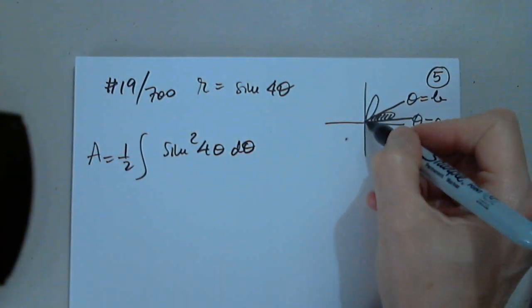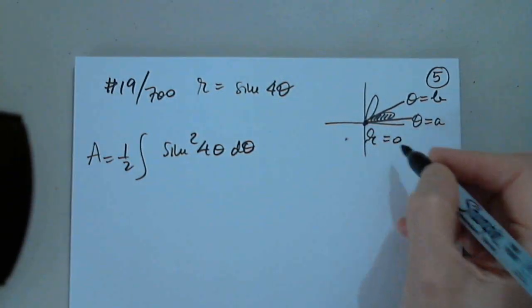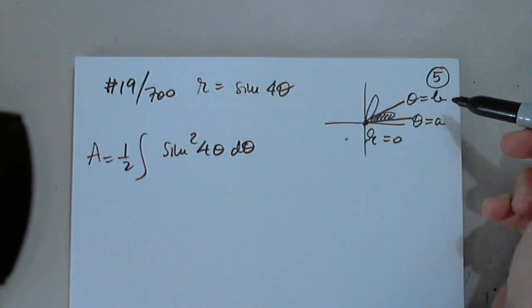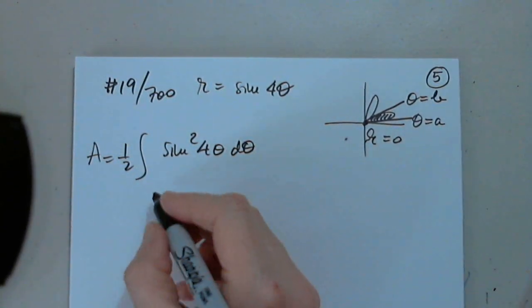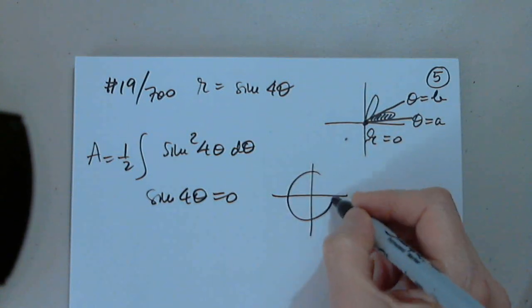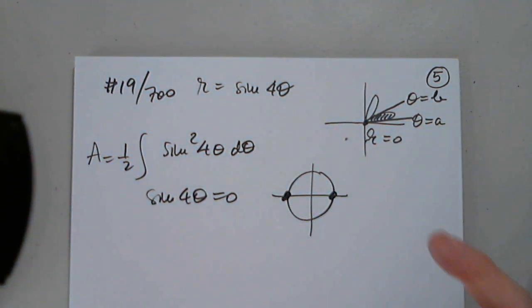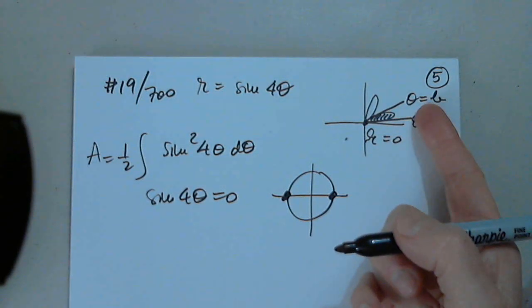Okay, so again, how do we determine this? We notice that the curve passes through the origin, which means where r is 0, we have theta equals A and theta equals B. So when r is 0, we have sine 4 theta equals 0. Remember from trig, sine is 0 at this point and at this point. Two positive angles we need here.